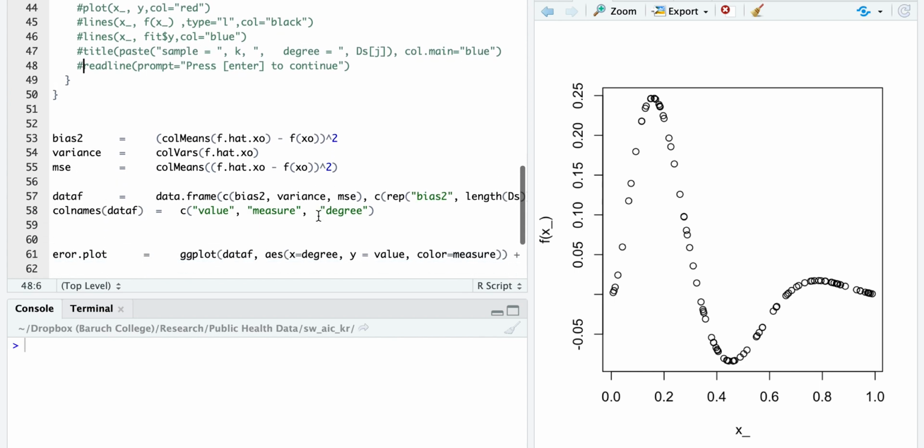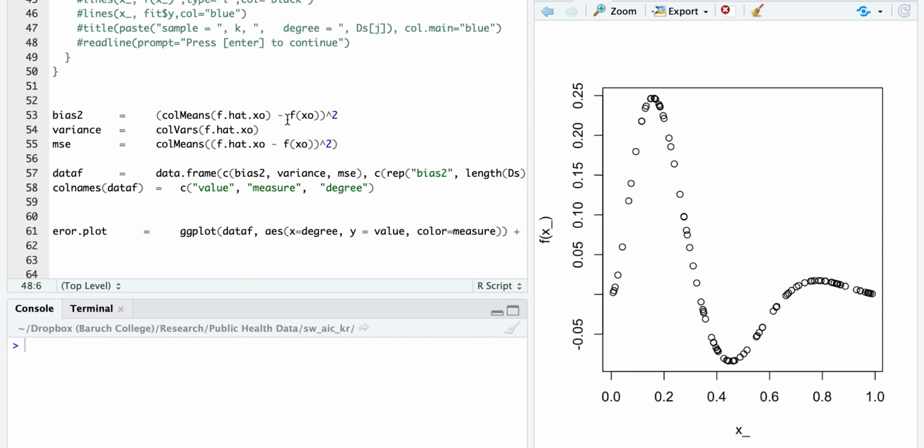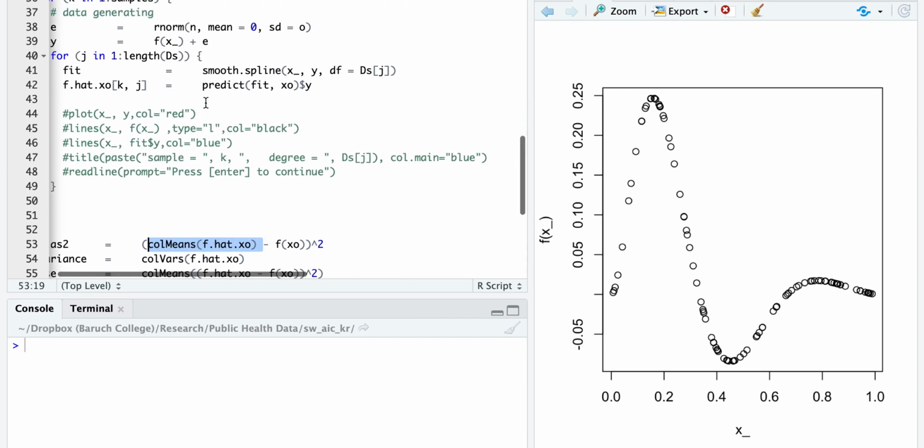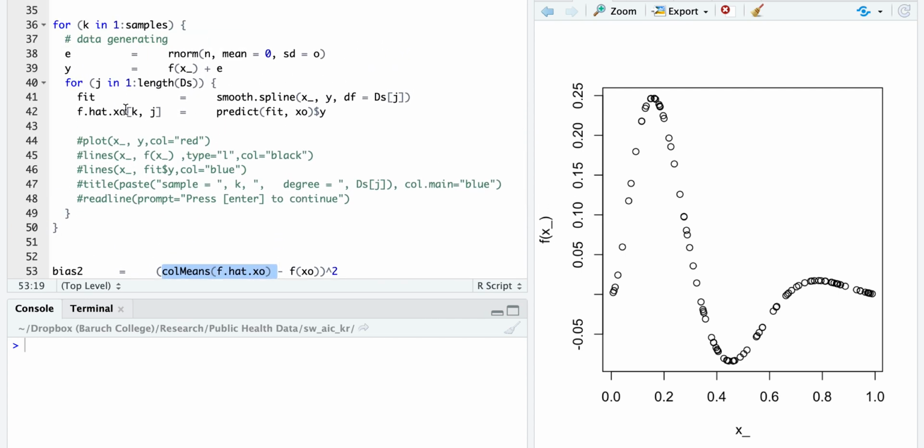Okay, so we fill this matrix, and then we calculate the bias squared, the variance, and the mean squared error by just combining what we have. So we do the column means. Along each column, we calculate the mean, because along each column we have different samples, right?